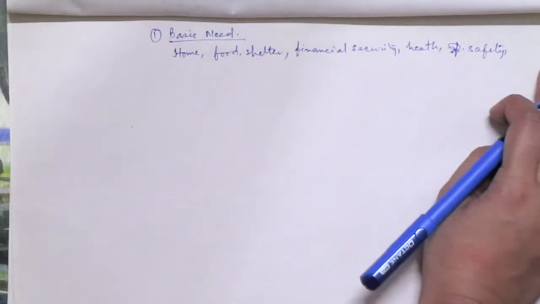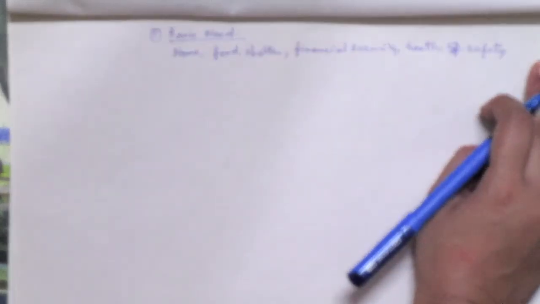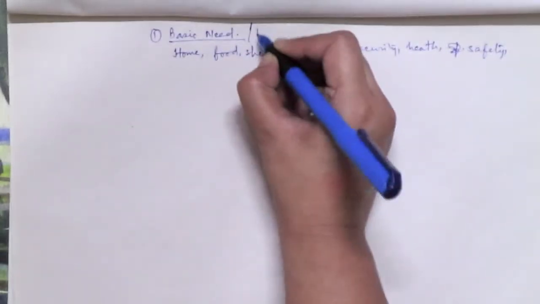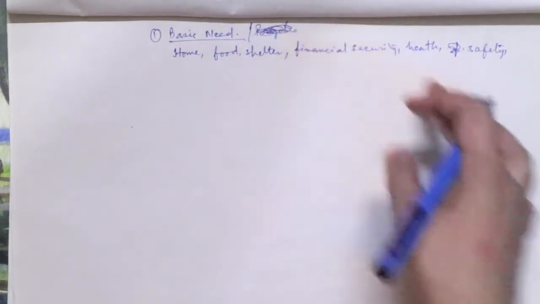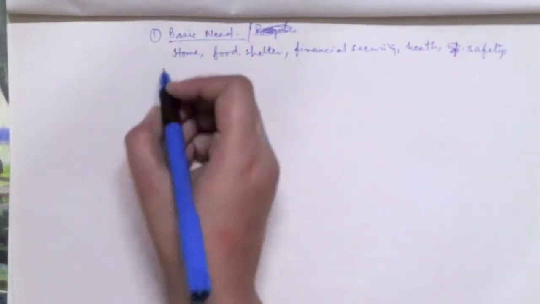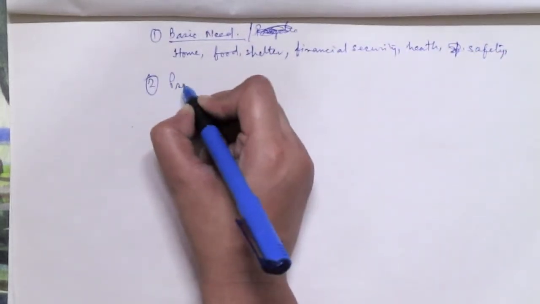All these things come in basic need. Home, food, shelter, financial security, health and safety, this is only basic need. Now number 2 is psychological need.